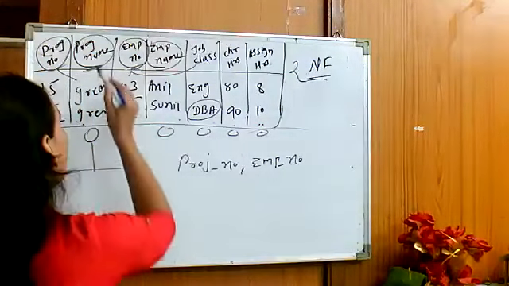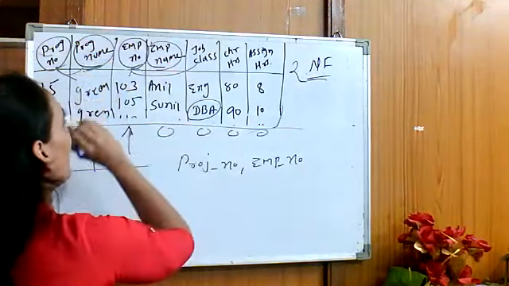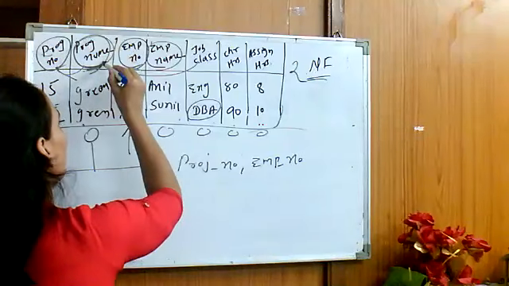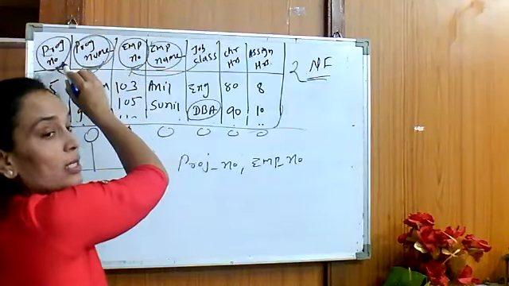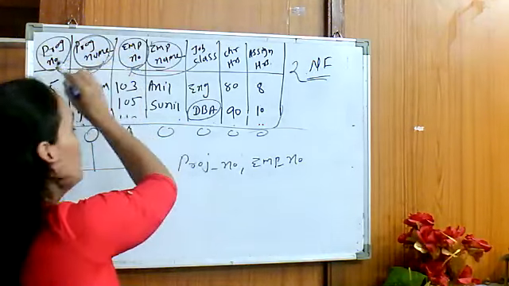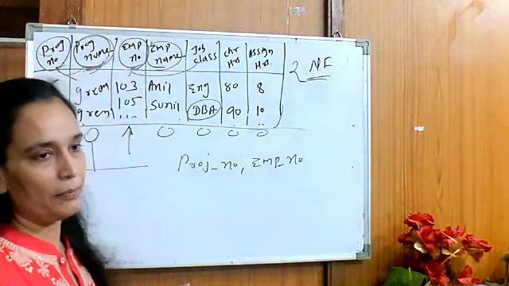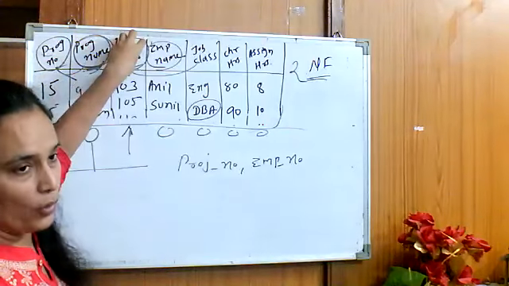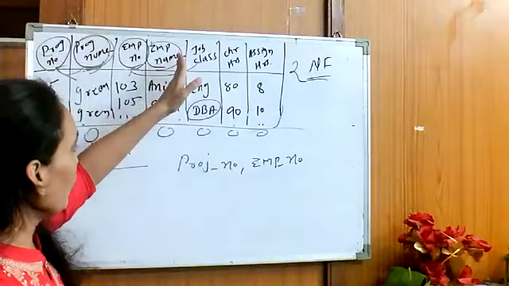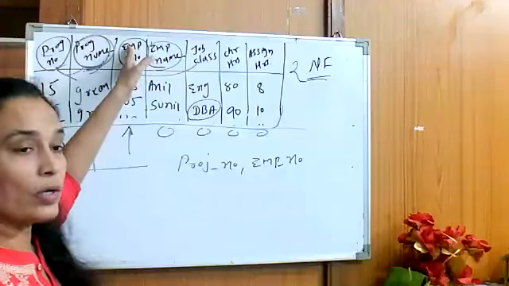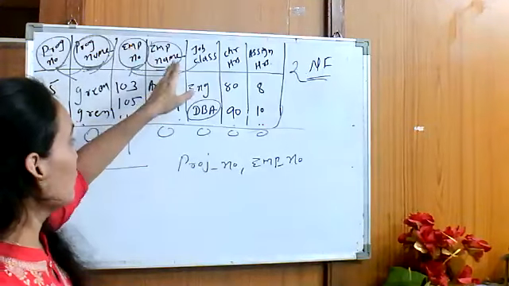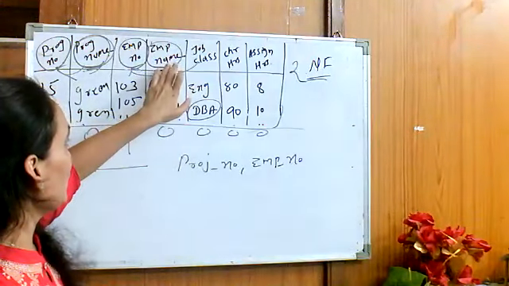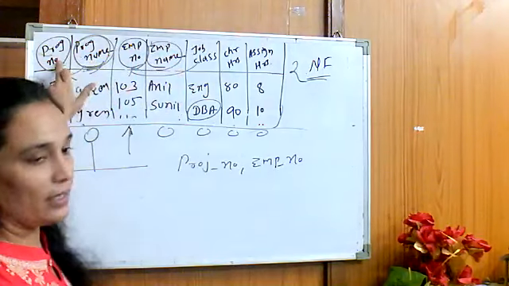But they are depending partially on the primary key, like project name is dependent on only project number. It is not dependent on employee number. Likewise, employee name is dependent on only employee number. There is no relation between employee name and project number.